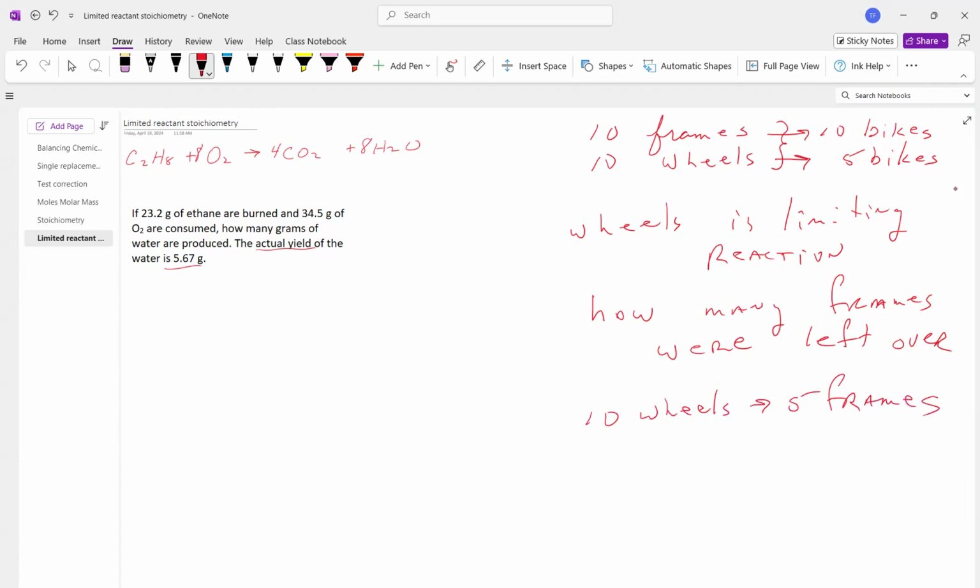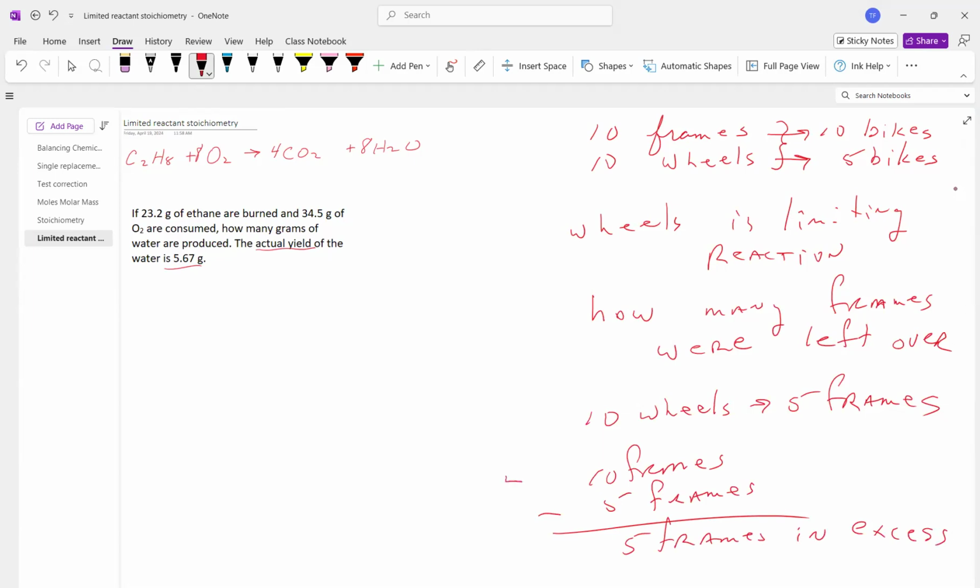So the 10 wheels produced 5 bicycles, and we used 5 frames. That's the third calculation: how many of the non-limiting reagent did you use? The fourth calculation is, we started with 10 and we used 5, so we have 5 frames in excess.